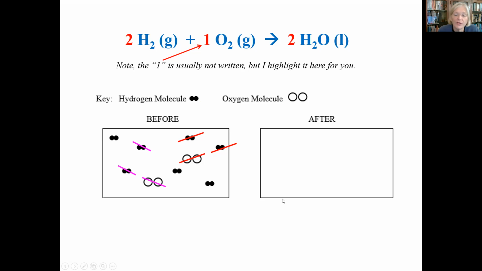Now, if the waters are in the liquid state, they're going to be puddled down in the bottom of this reaction chamber visual, which is a box. Will there be anything else in this reaction chamber after you've made all the water possible?